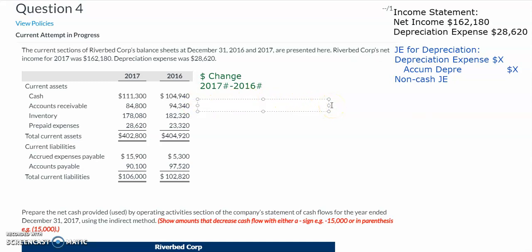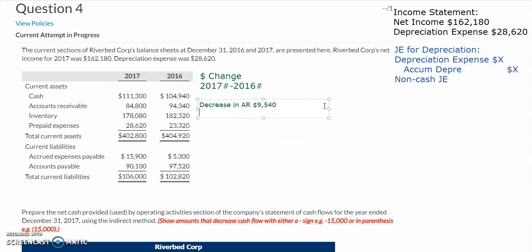So if we look at our accounts receivable, in your calculator, you would take 84,800 minus 94,340. And you notice that there is a decrease in accounts receivable of 9,540.